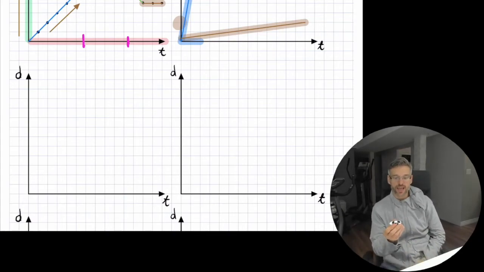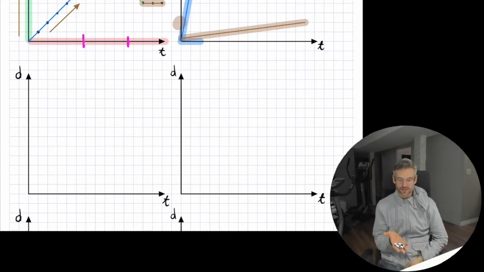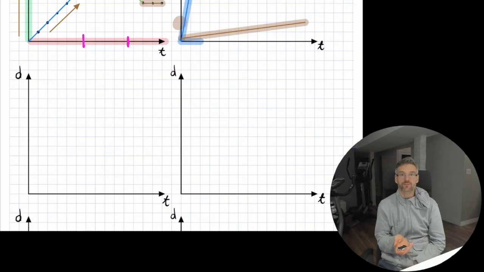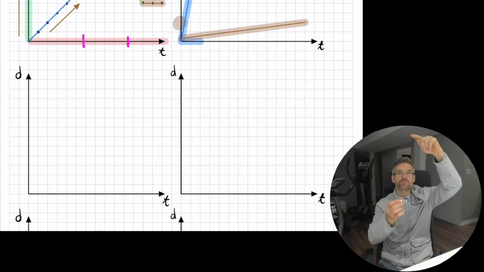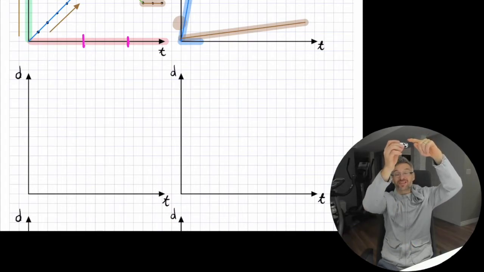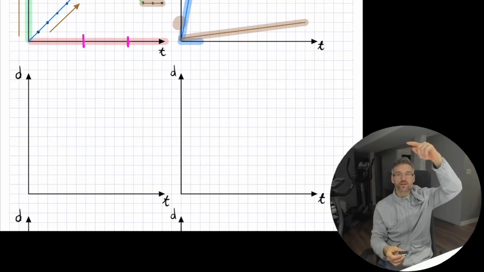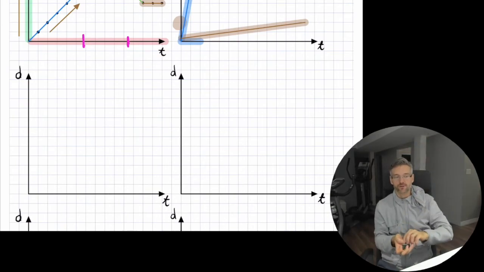Let's say this is at distance 0, and then I'm going to throw it straight up, and then it comes straight down. There is a point where it basically has to stop as you're throwing it up. It stops there for just a little bit, and then it starts coming down again, and then I catch it back at 0.